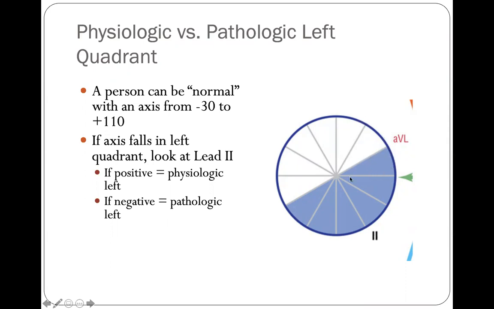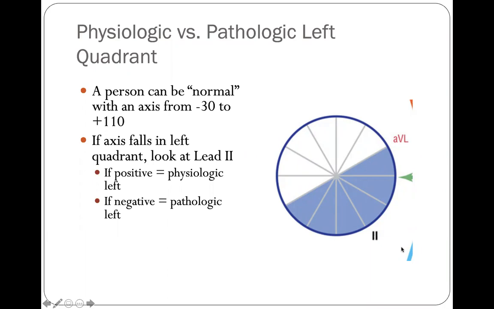We would say they have a left axis deviation, but that's not quite enough. Now we need to know, is it a physiologic or pathologic left axis deviation? So then we look at lead 2. If lead 2 is positive, then we have a physiologic left axis deviation. And if lead 2 is negative, then we have a pathologic left axis deviation.